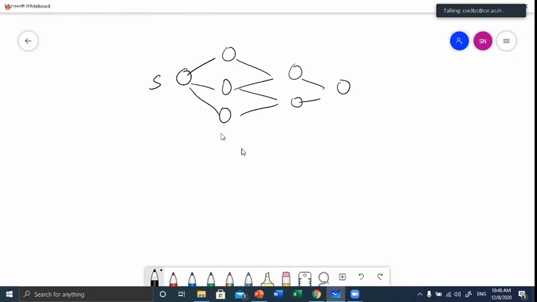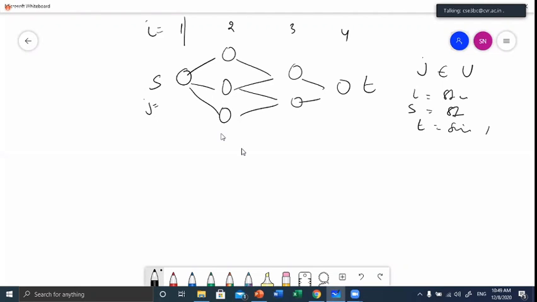Now this I'm taking as S. This I'm taking as T. My I is nothing but stage. This is one stage, two stage, three stage, four stage. My J represents the vertices. J belongs to vertices, and I is stages, and S is the starting vertex, that is the source, and T is the sink, that is the destination.